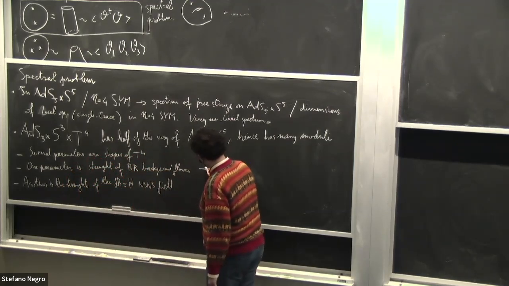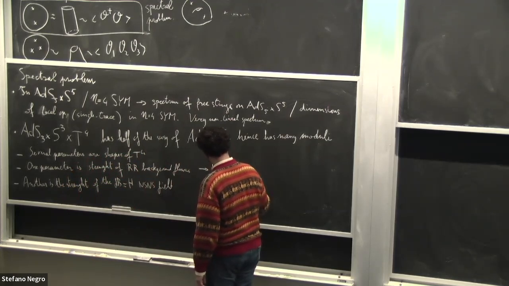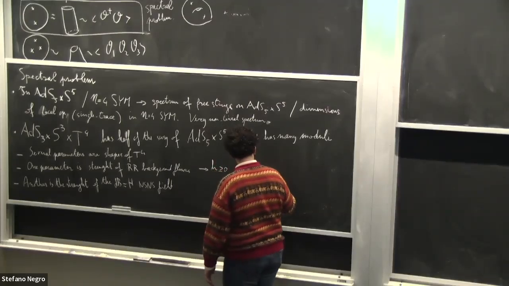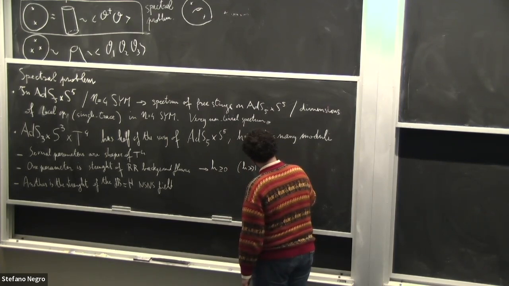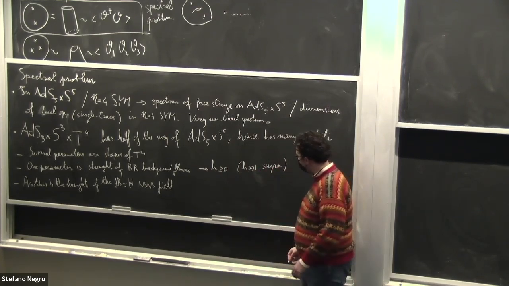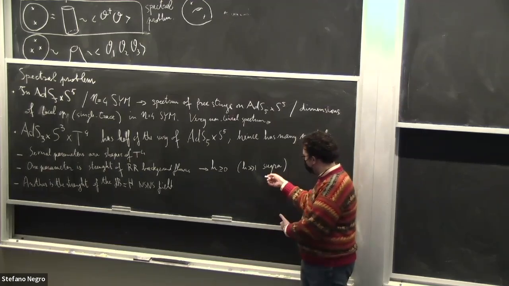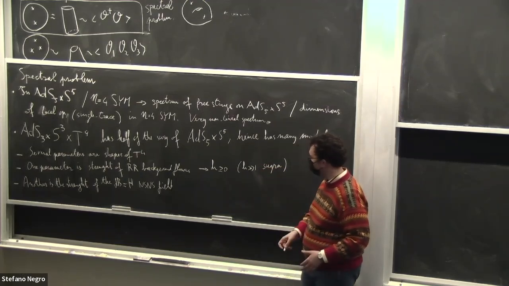And to this, I associate a coupling, which is H greater or equal than 0, and H very large means that the tension of the string is very large, and I'm basically in a regime where the string is almost point-like and then very close to supergravity.